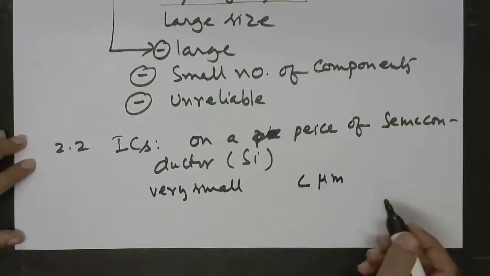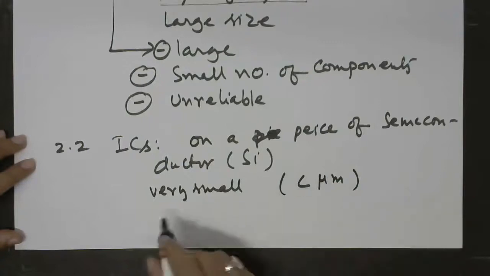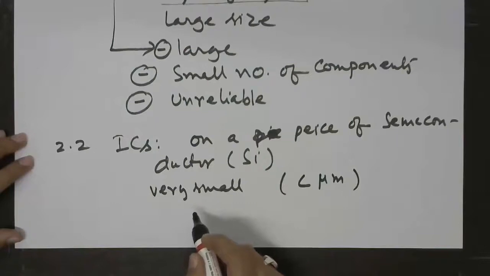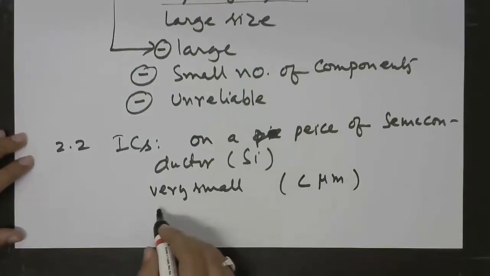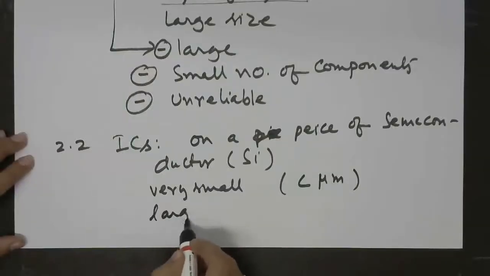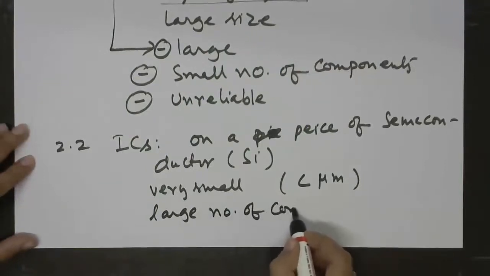These days it is almost going up to the order of nanometers also. And then they will also of course be connected using conductors, called interconnects. And because they are very small, you can have a very large number of components.